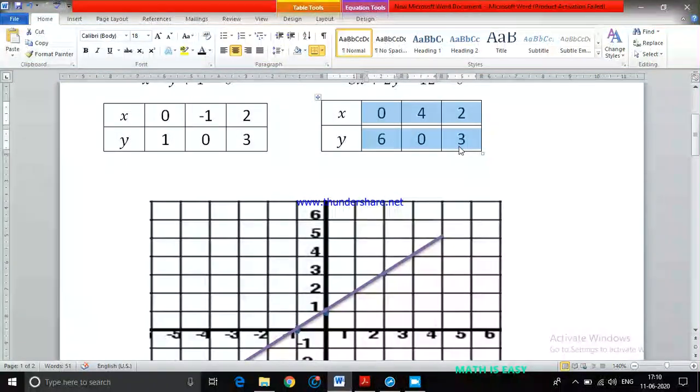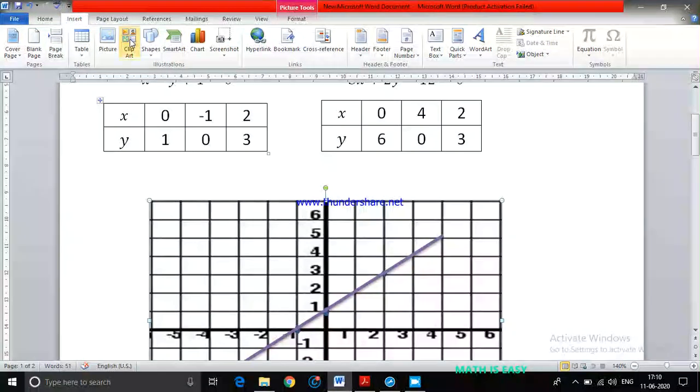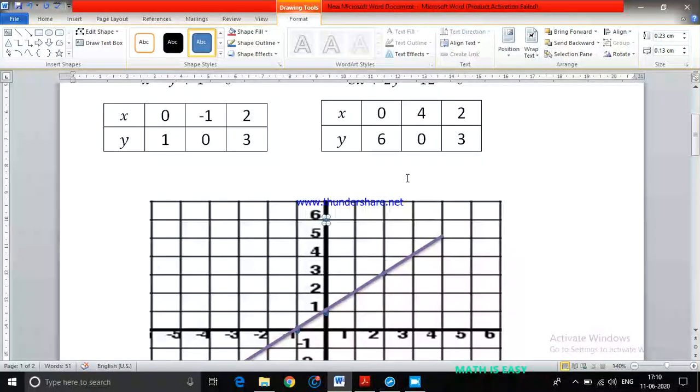Let me represent the points of the second line. 0, 6. X is 0, y is 6. X is 0 means you are lying here, and y is 6 means you will go here. So the corresponding point 0, 6 is here.